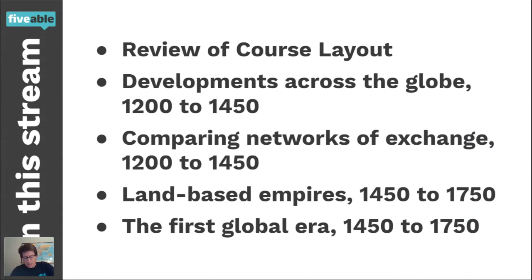The first one is what we call the global tapestry. So we're going to just talk about developments across the globe by region tonight. Then we will look at networks of communication and exchange, otherwise known as trade networks, from the years 1200 to 1450. Then we will shift our attention to Unit 3 and talk about land-based empires from 1450 to 1750, followed up by the first global era, this era where we have global trade occurring in our world.